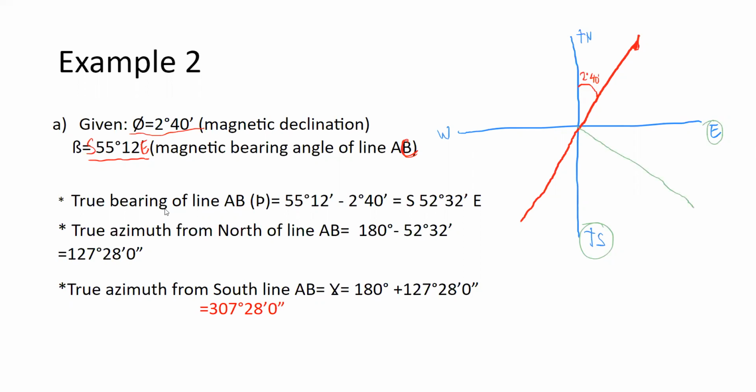Galing dito, this would be your 55 degree 12 minutes east. Diba? Magnetic bearing ito. So, simula sa magnetic, papunta doon sa line AC, yun yung magiging magnetic bearing natin, which is 55 degree 12 minutes east. Okay? This is your line AC.